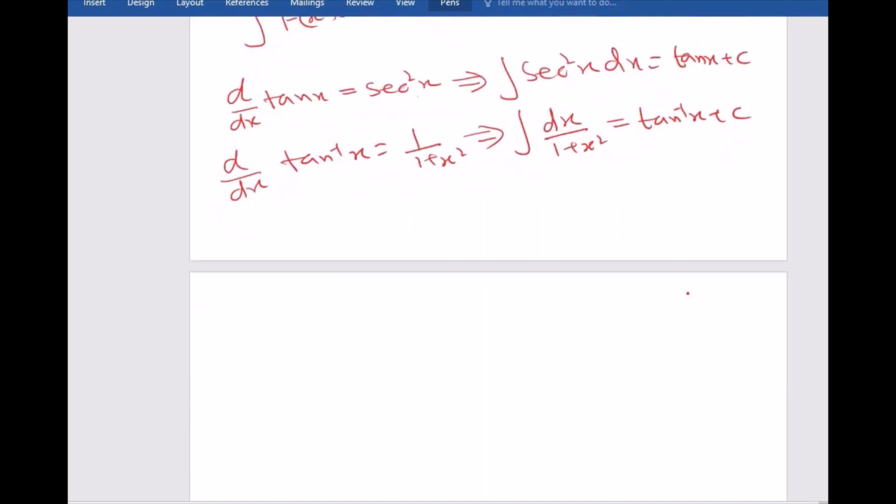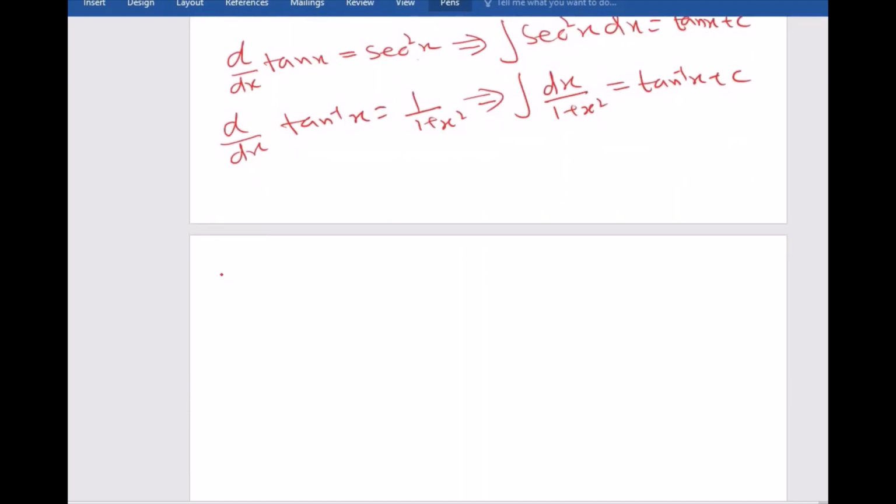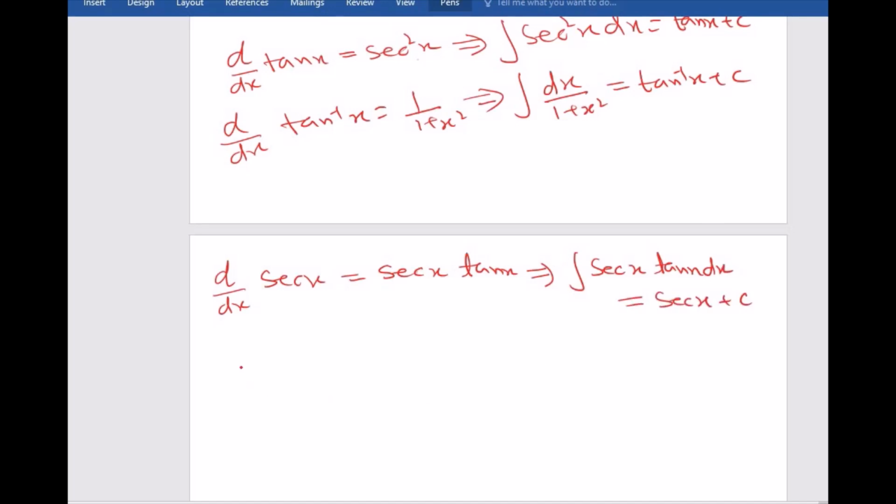And we know that the derivative d/dx of sec x is equal to sec x tan x, so the integration of sec x tan x dx is equal to sec x plus c.